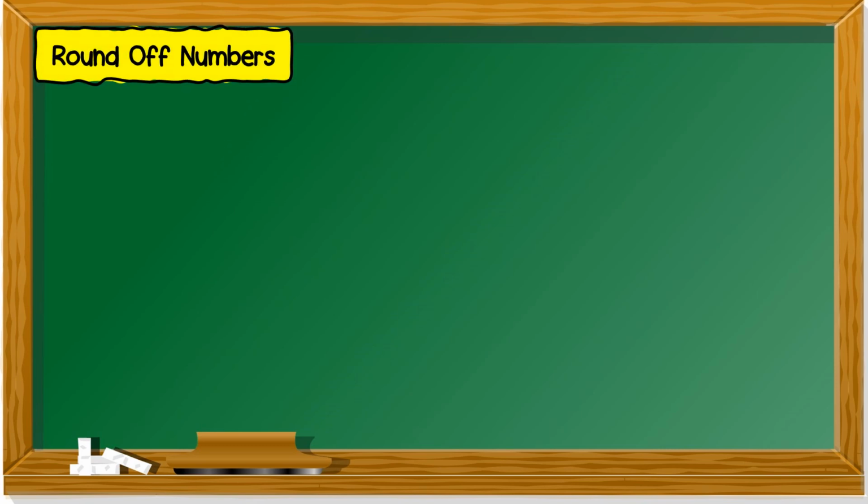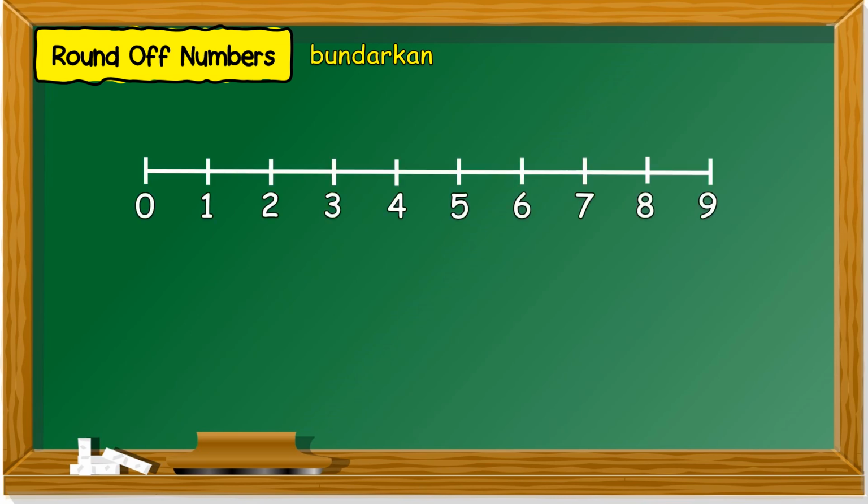Round off numbers. Round off bermaksud bundarkan. Kita bundarkan nombor itu ke satu nilai tempat. We round off to a certain place value. We look at this number line, 0 until 9.